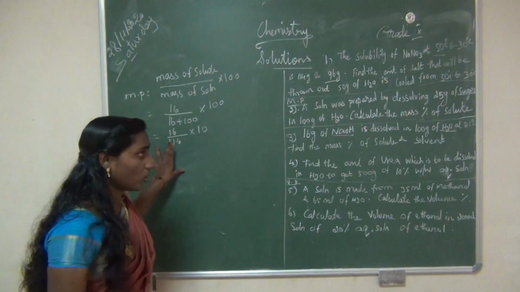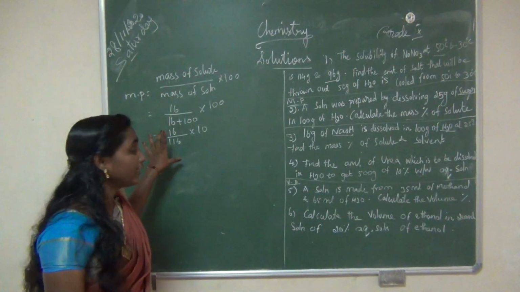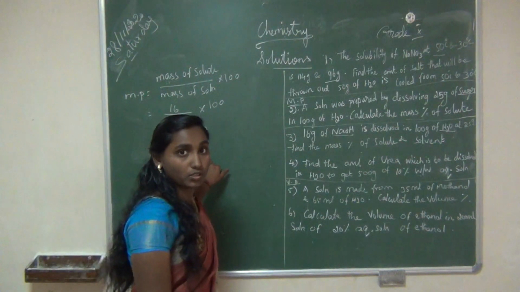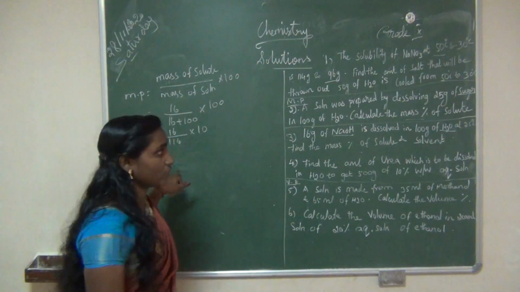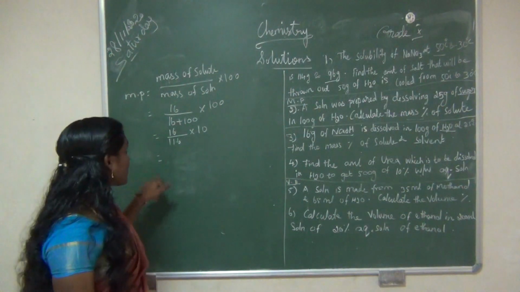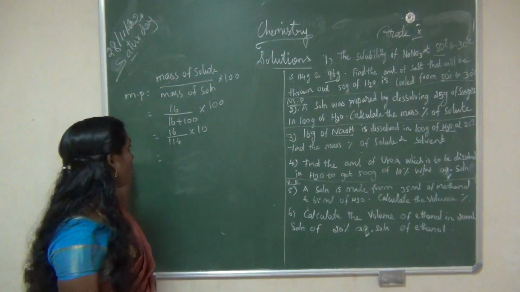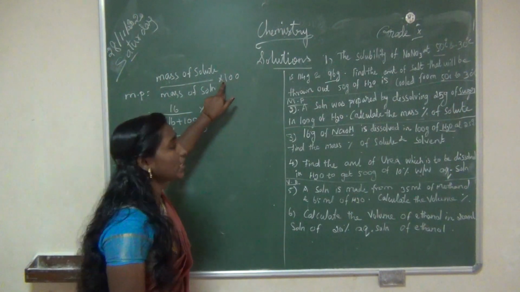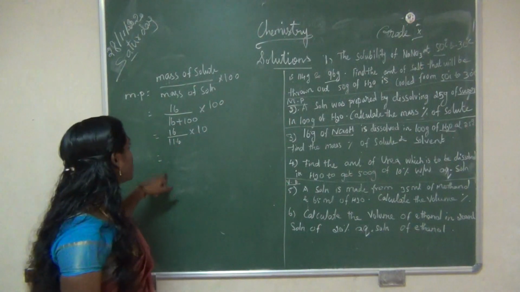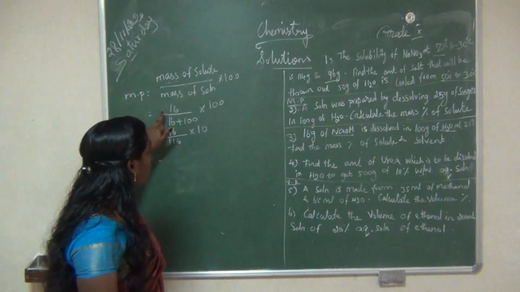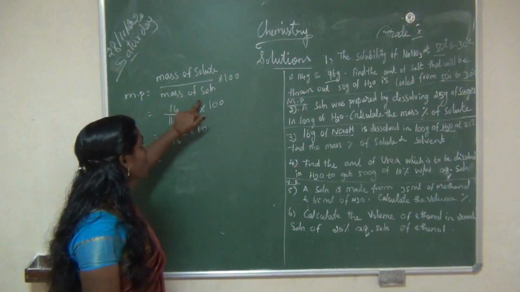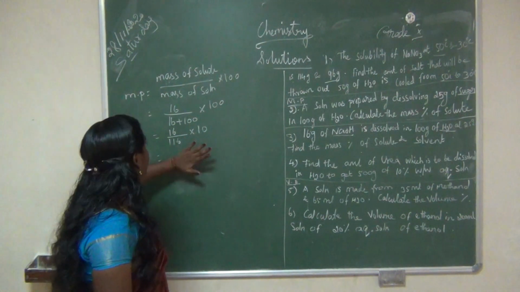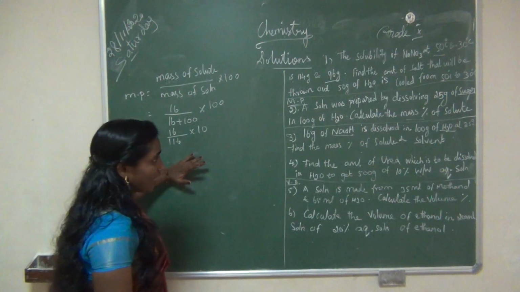Here you will get one answer, that is the mass percentage of solute. The next step, again write the same formula: mass percentage is equal to mass of solute divided by mass of solution into 100, which is 16 divided by 16 plus 100 into 100. Here also you will get the same answer.